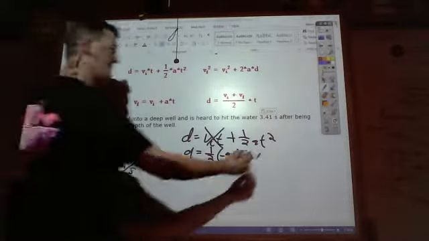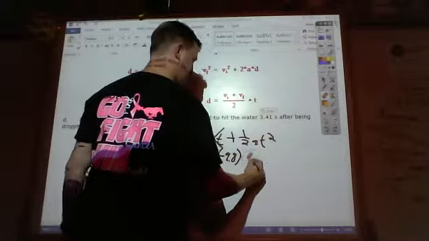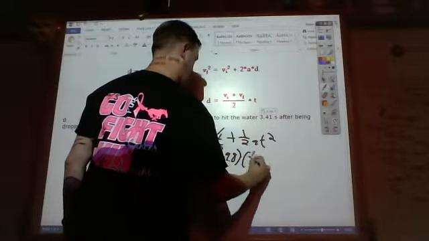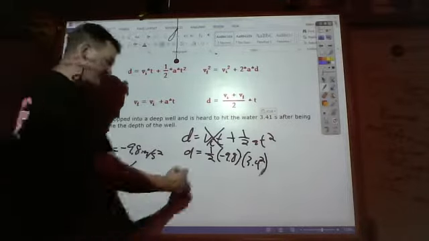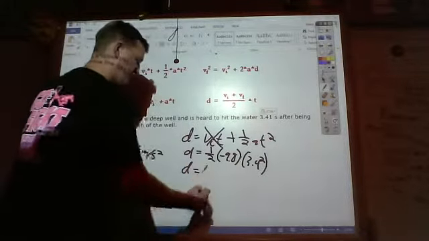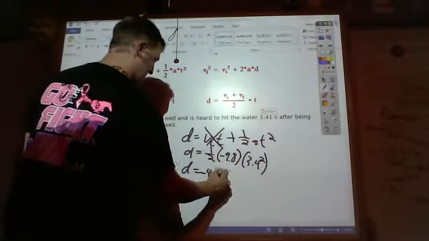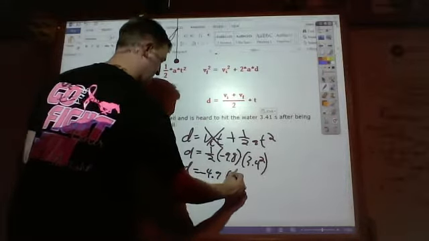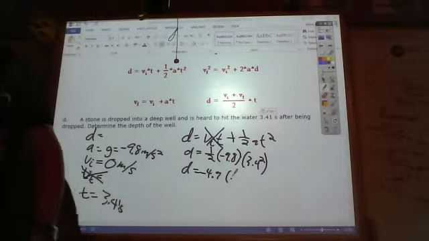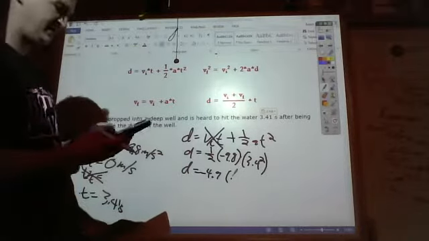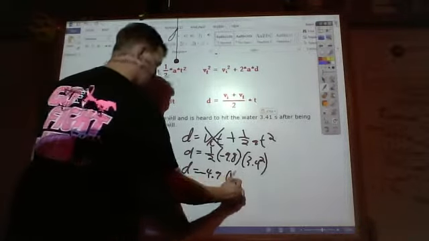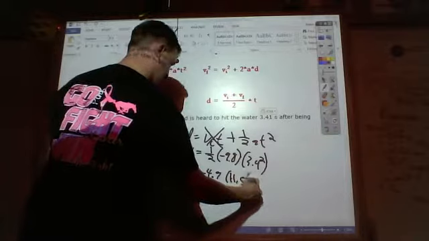And time was, sorry, I should just put that in immediately, 3.4 squared. So this ends up looking like negative 4.9 times 3.4 squared. It's 11.56.